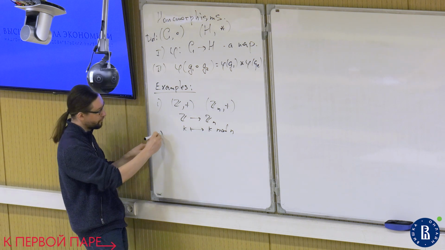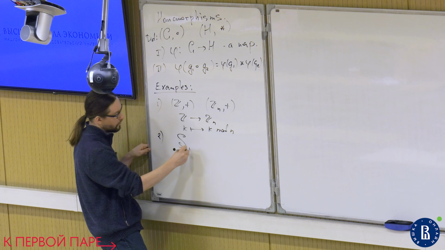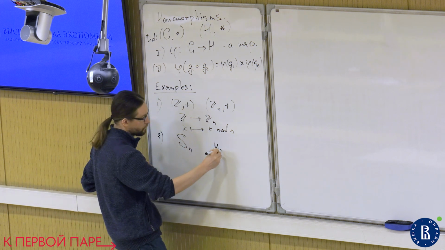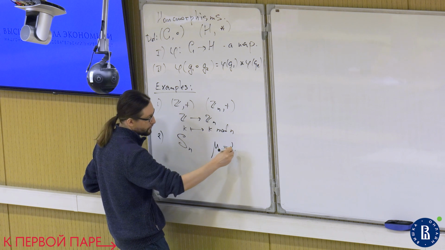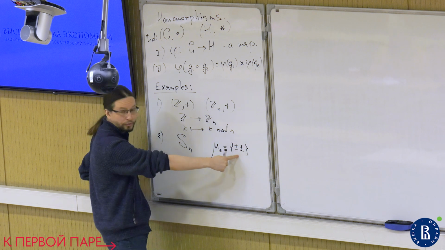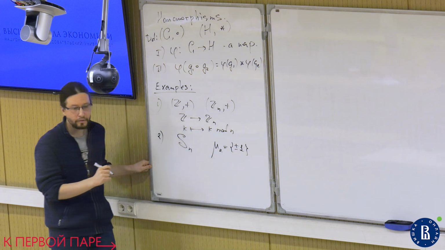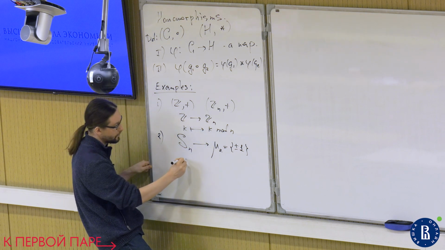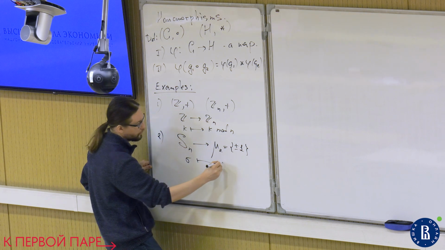Another example, we have the group of permutations, and we have this group mu2, which is the set of plus minus 1, and the operation here is the usual multiplication of numbers. Then we have a map which takes each permutation to the sign.